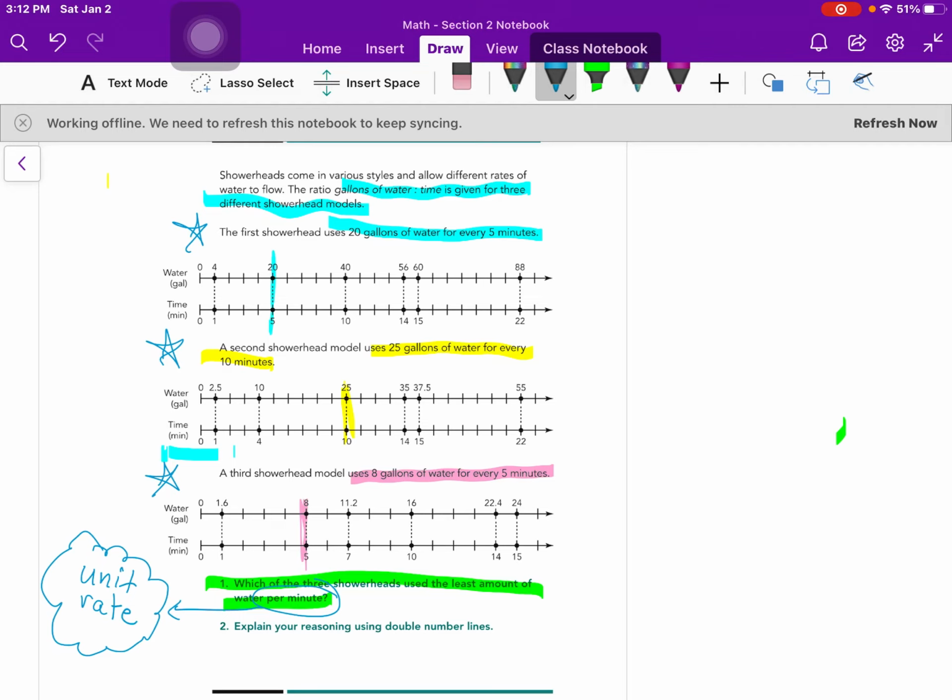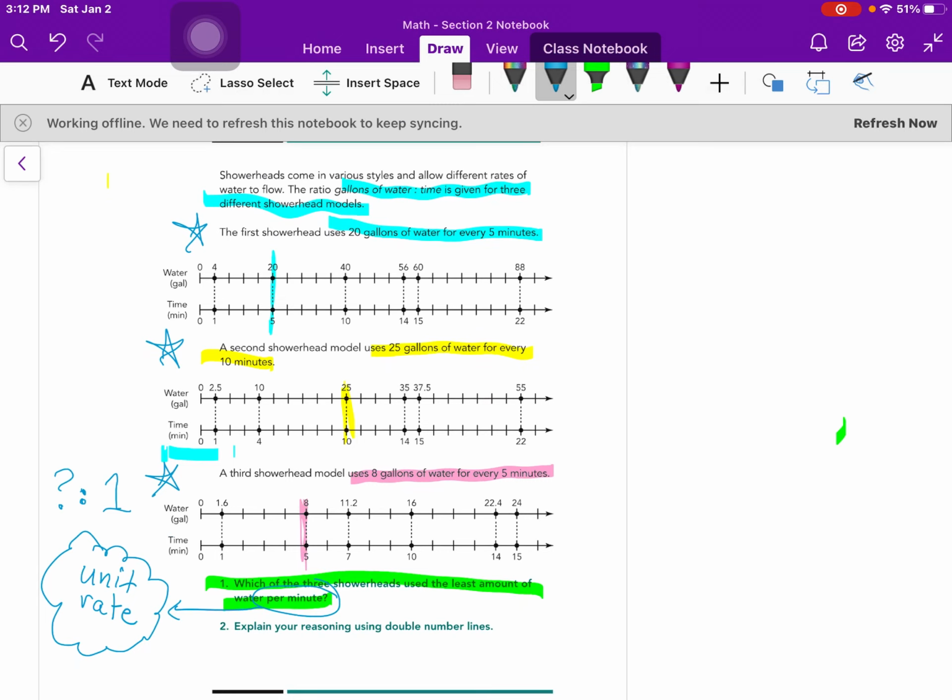So in this question, it says, which of the 3 shower heads use the least amount of water per minute? So they wanted the ratio to be how much per minute. They wanted the ratio down to 1.